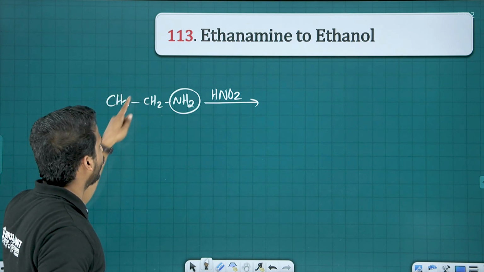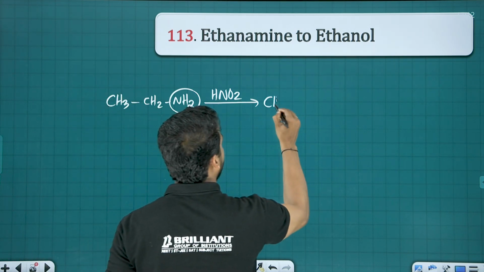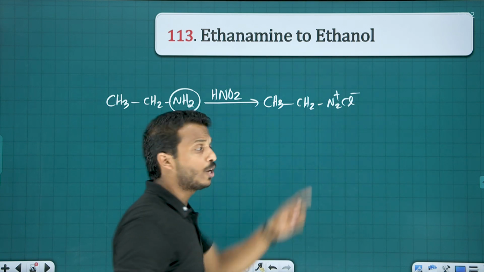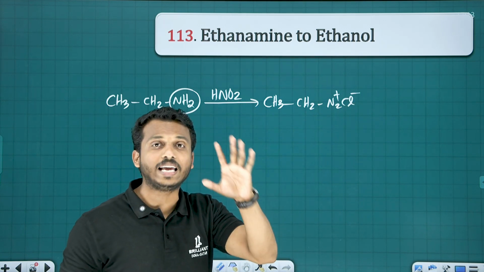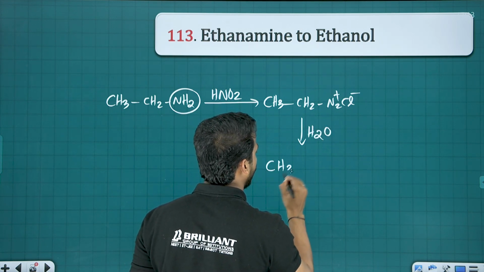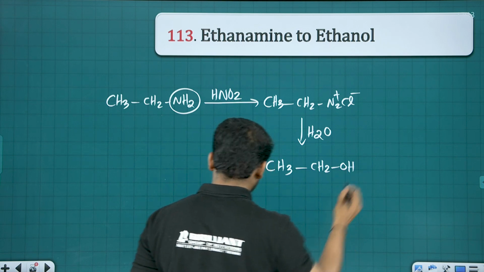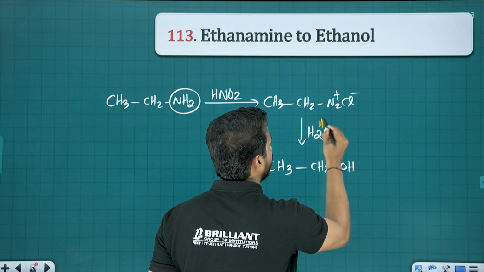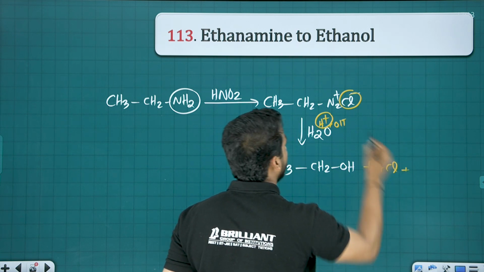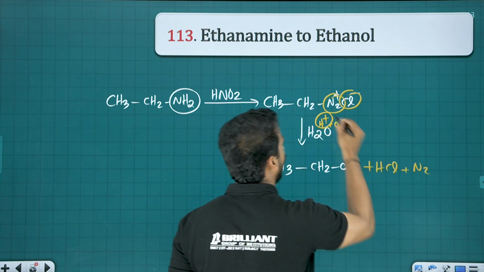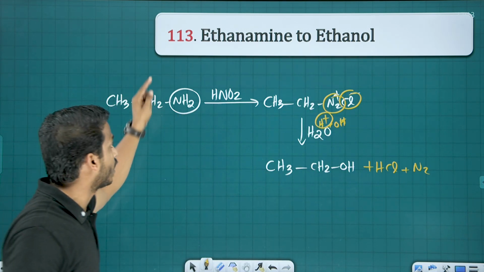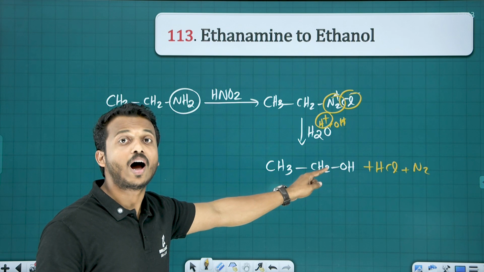Actually, it first becomes the salt, N2+Cl-. But aliphatic diazonium salts are highly unstable, so it immediately reacts with water to form the corresponding alcohol. H2O contains H+ and OH-. This H and Cl combine to give HCl, the nitrogen gas comes out, and the OH attaches here. So remember, an aliphatic amine reacting with nitrous acid gives alcohol.